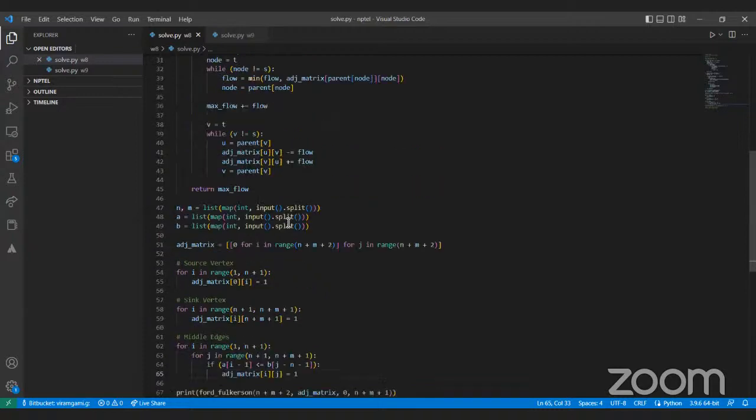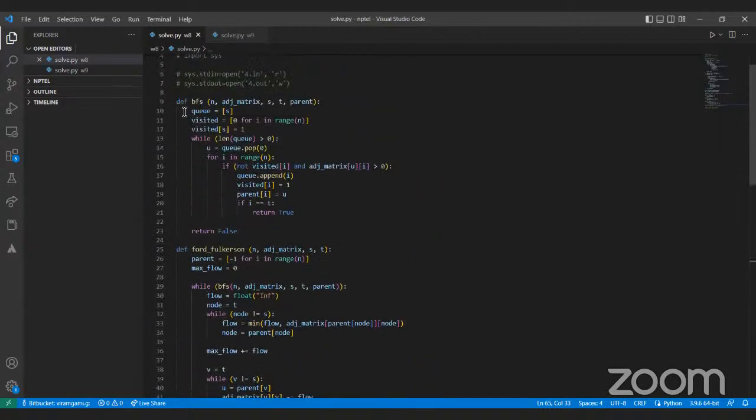And now this is just the implementation of Ford-Fulkerson. So it uses a BFS for finding the augmenting paths. In the BFS, I'm initializing a queue with the vertex S. I'm initializing a visited array. And while the length of the queue is not 0, I will take out the first element from the queue.